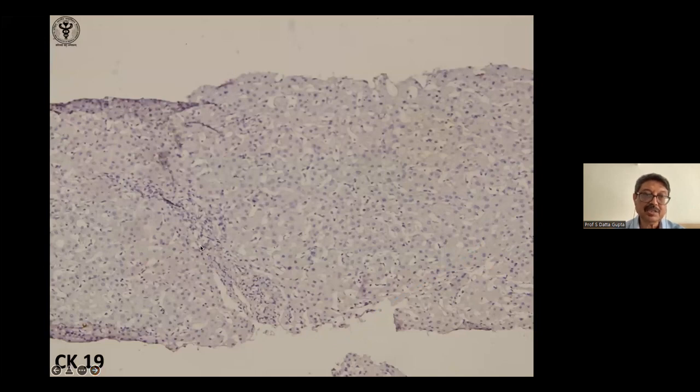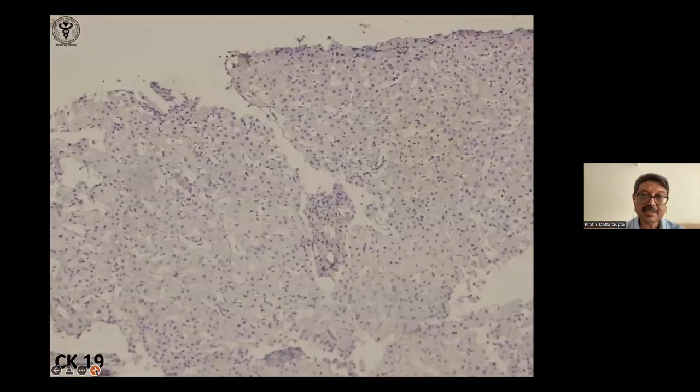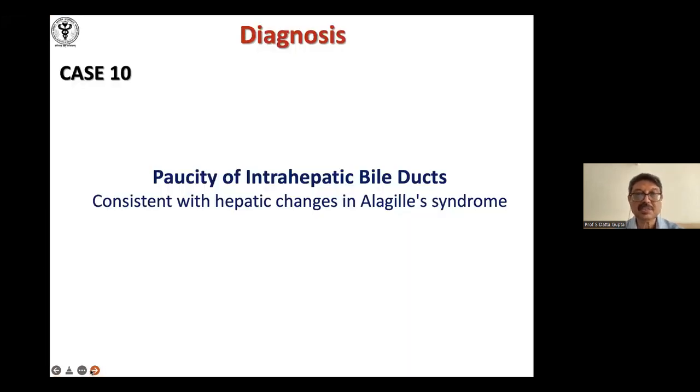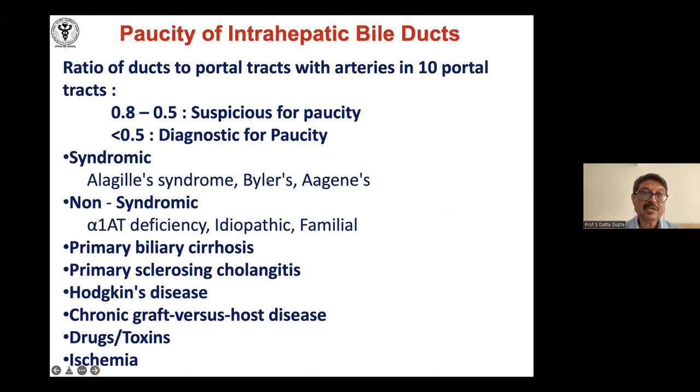This is cytokeratin 19 staining, which shows no bile ducts, right? No bile ducts here. And this is a normal liver. So you are supposed to see bile ducts like this. So the immunohistochemistry has helped. There's a paucity and it's consistent with hepatic changes in Alagille syndrome because of the ocular and pulmonary changes.